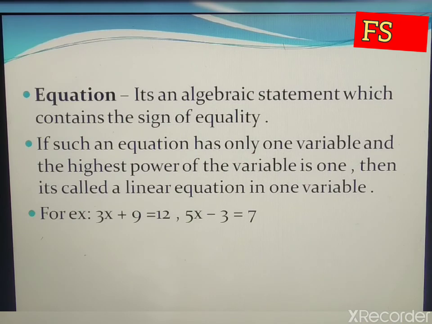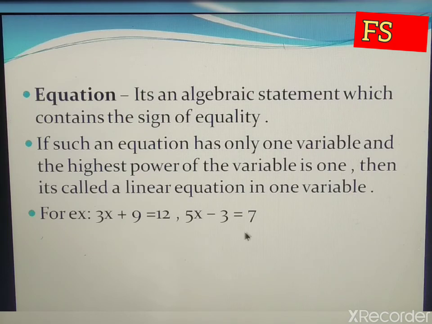For example, 3x plus 9 is equal to 12. Here the variable is x only, and in the next equation again the variable is x only. It means we have only one variable in each equation. In this equation also the variable is x, and the power is nothing, which means the power is 1.